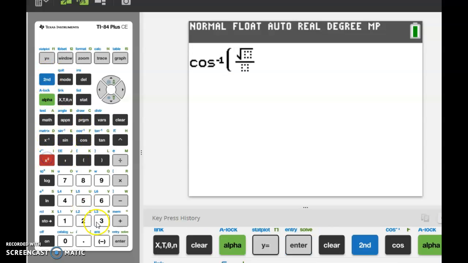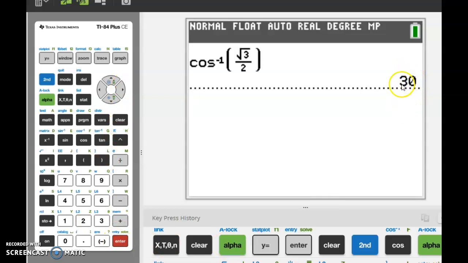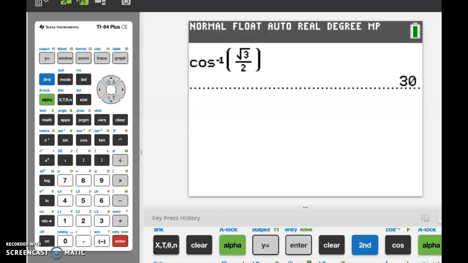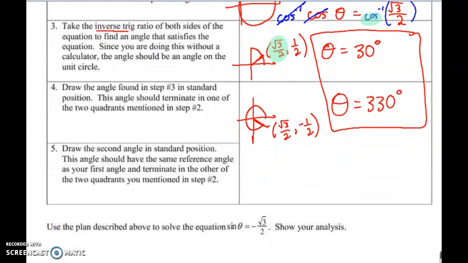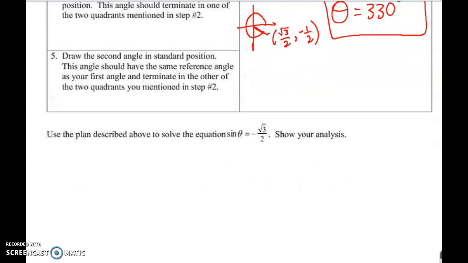Root 3 over 2. And as I promised, your calculator will only give you one answer, 30 degrees. So even if you use a calculator, you still have to think a little bit about what other answer would give you a positive x-coordinate that's the same value. And then you get that answer.